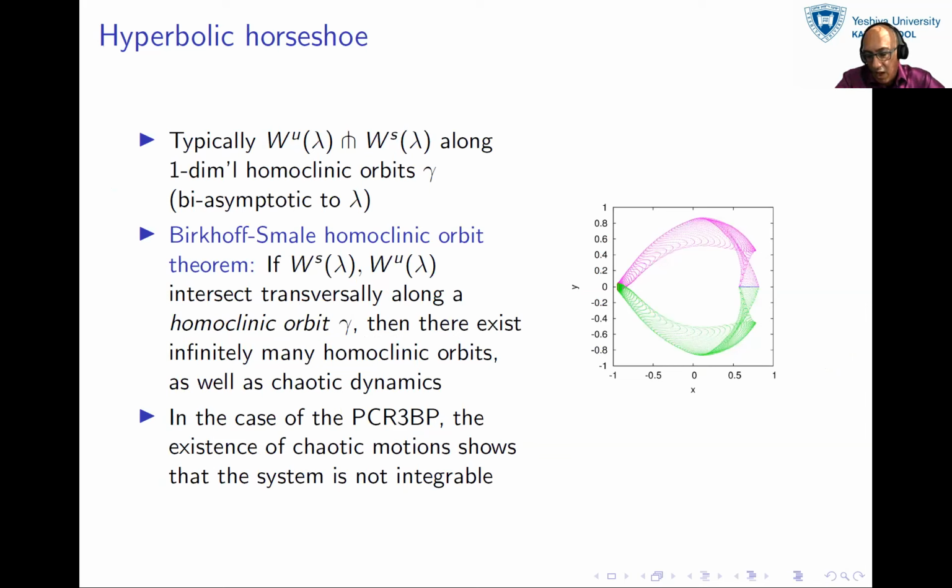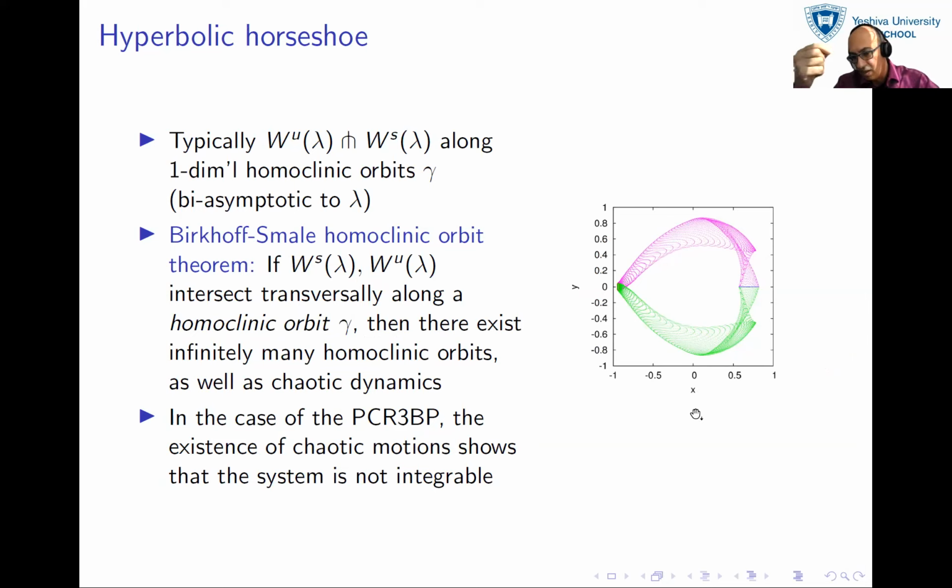This is, again, a projection onto the plane. To find such intersections is not a very easy task, but one can do it. I'm going to try to explain a little bit how you can find such intersections. But once they intersect, you can complete the circuit.